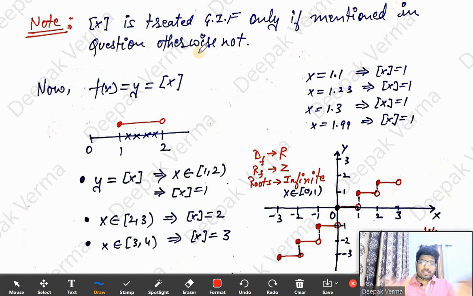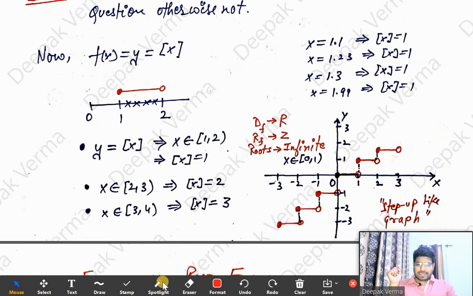If it is mentioned in the question that this representation is the greatest integer function, box X, or integer part of X, then and only then will we treat this as GIF, otherwise not. Is it clear? Now we will try to understand what its graph looks like.